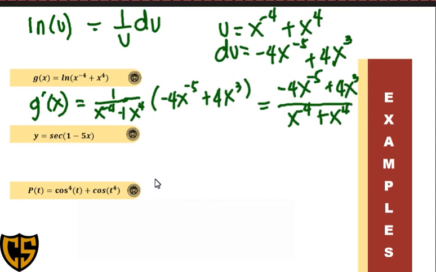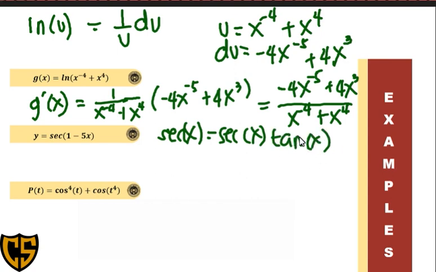Okay, next nga problem will be y is equal to secant of 1 minus 5x. So take note, if we are going to recall the derivative of secant x, the derivative of secant x is equal to secant x tangent x.